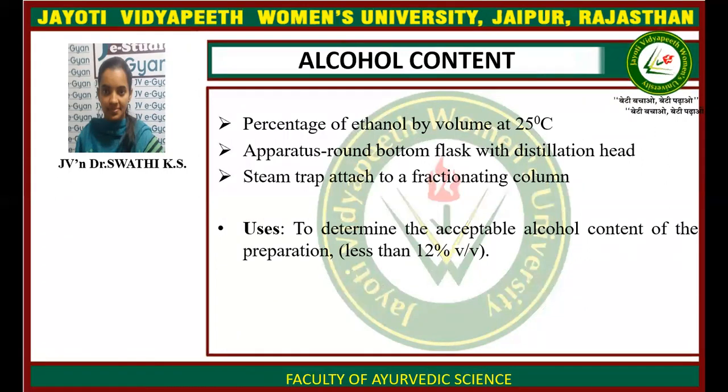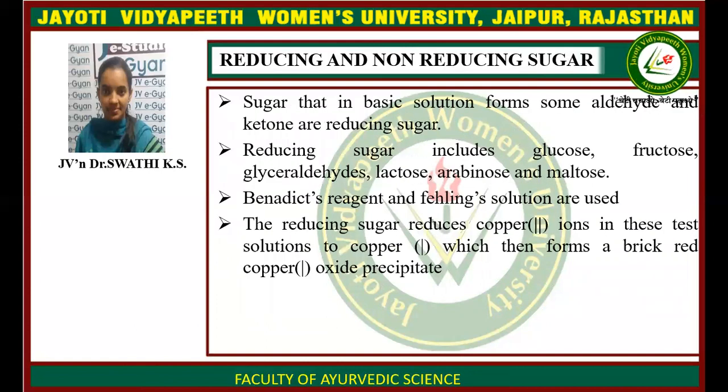Next, alcohol content. It is the percentage of ethanol by volume at 25 degrees centigrade. The apparatus is a round bottom flask with a distillation head and steam trap attached to a fractionating column. It is used to determine the acceptable alcohol content of the preparation. Next, reducing and non-reducing sugar.